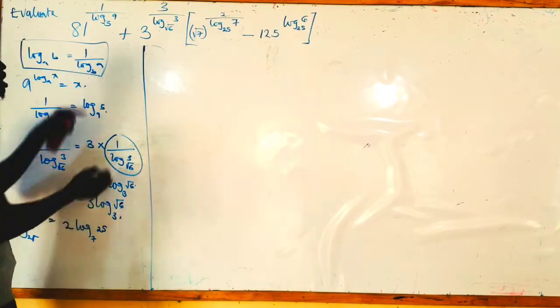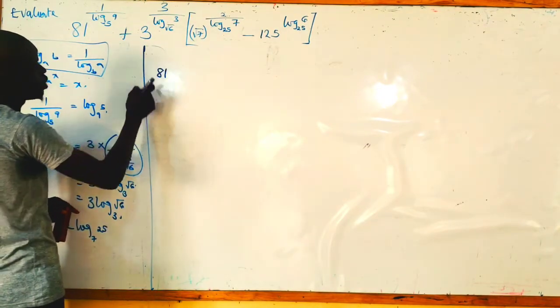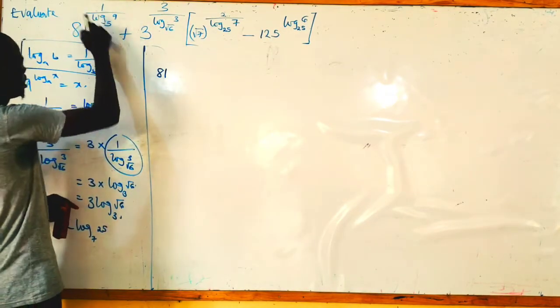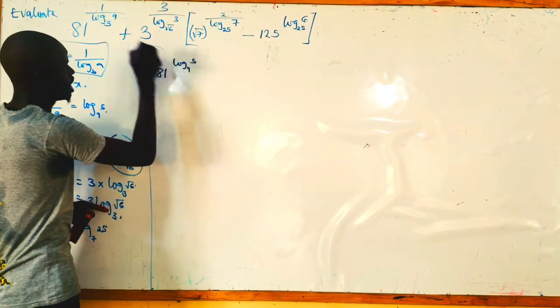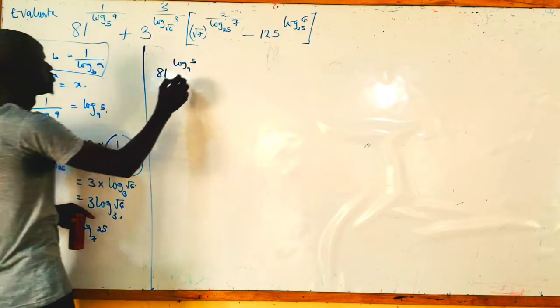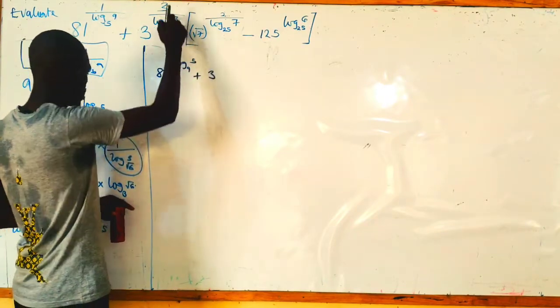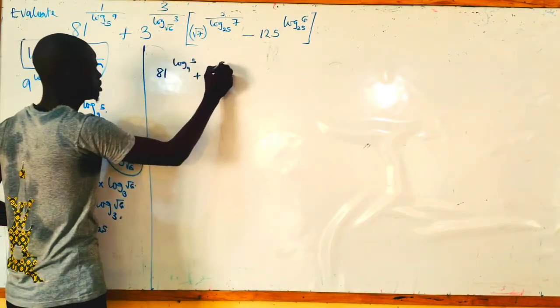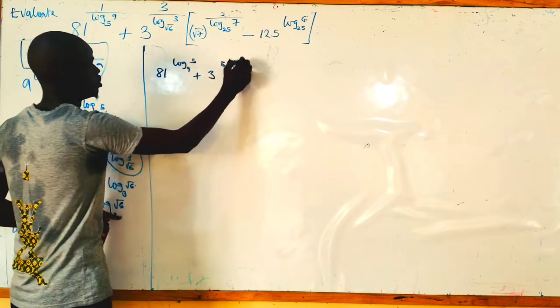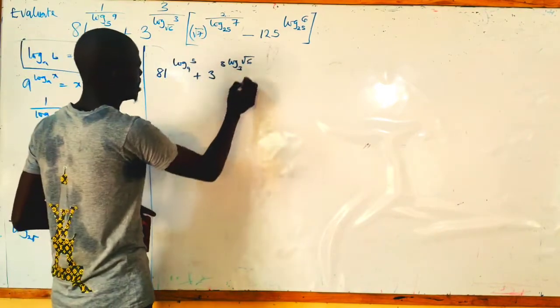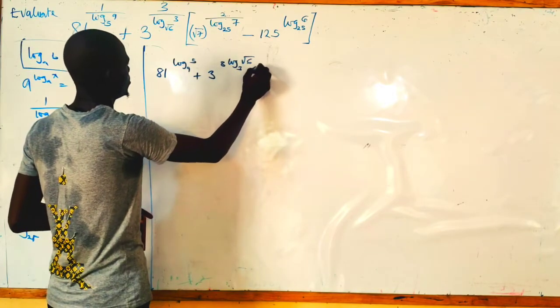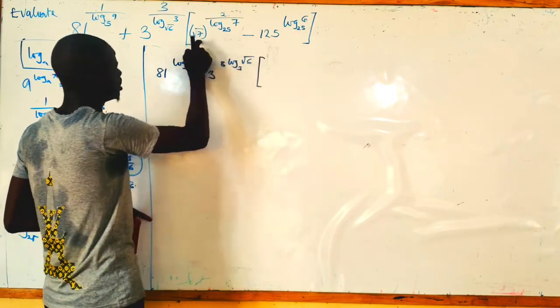If I substitute here, in this place I have 81, right? Instead of this, I should be having log of 9 base 5. Log 5 base 9 plus 3. All this should be giving me 3 log root 6 base 3. And then I should be having into brackets multiplying all this.